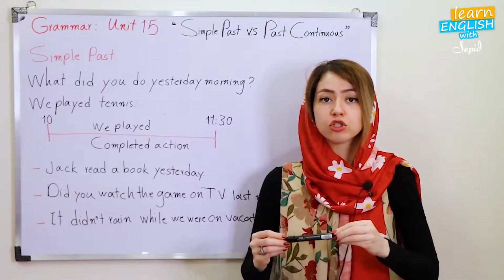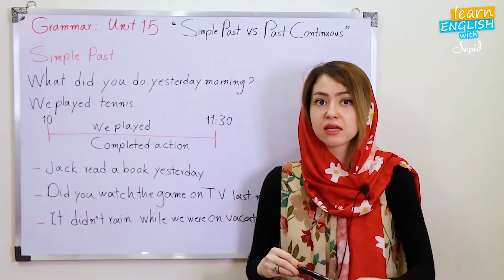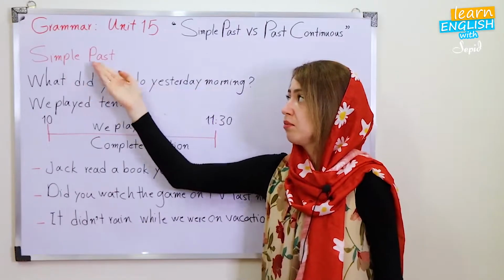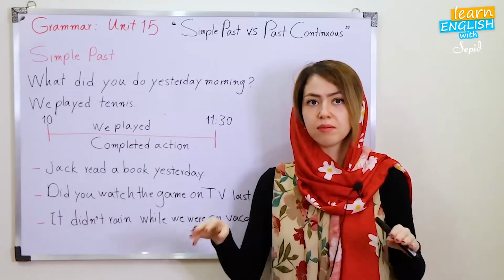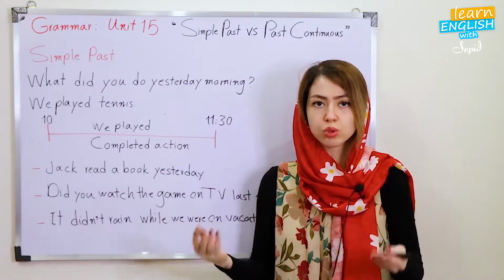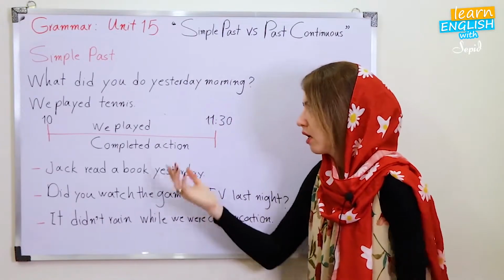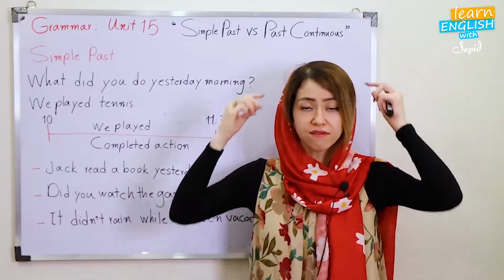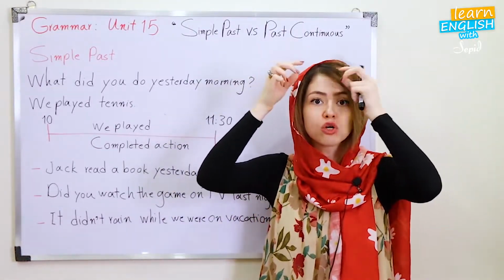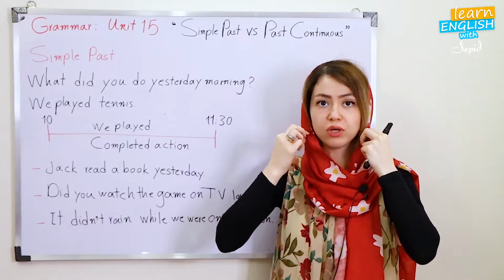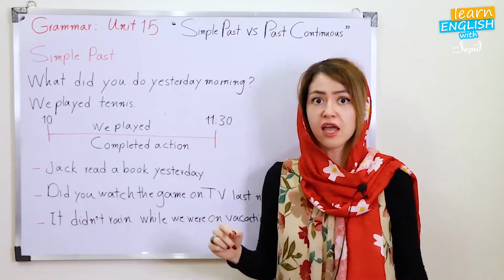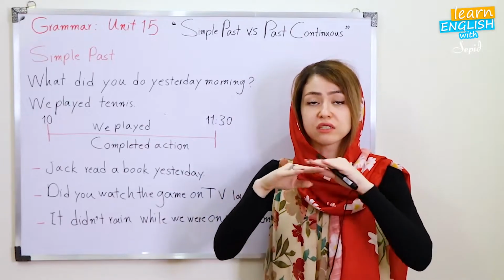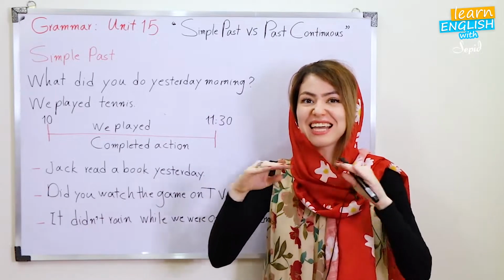Now, you're gonna get to know the difference clearly here. Here, we're gonna talk about simple past, only simple past, and when we use it, why we use it. Here it says, what did you do yesterday morning? If somebody asks you such a question, you're gonna talk about an action which was finished, so which ended.